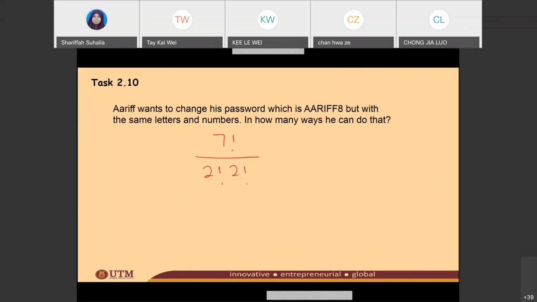What did you get for this value? 1260. Then minus, because he wants to change his password, so he must come out with a different password. So minus this password, minus 1. So your answer should be 1259.